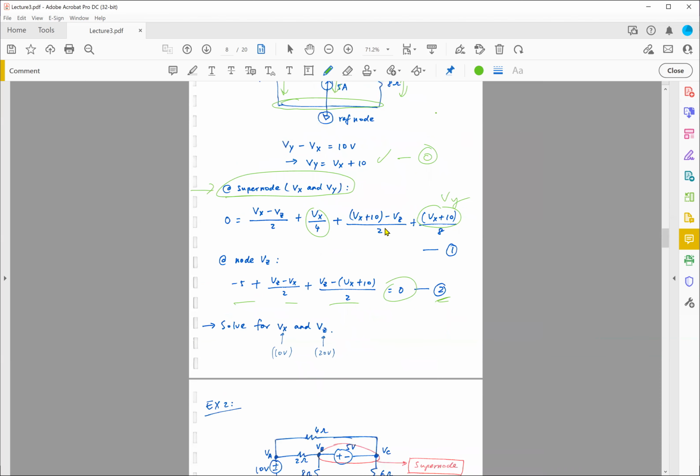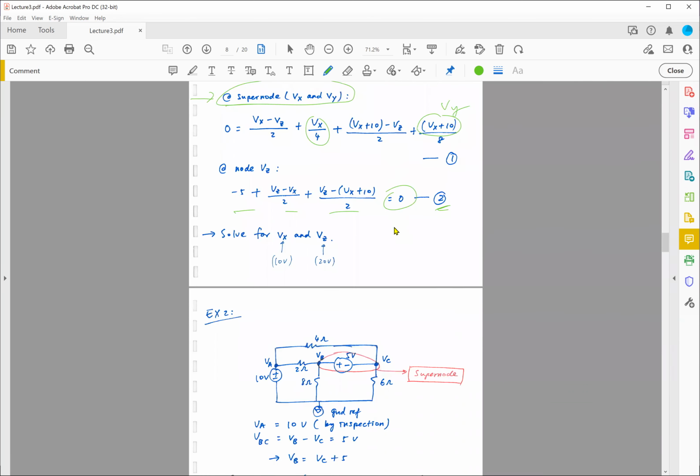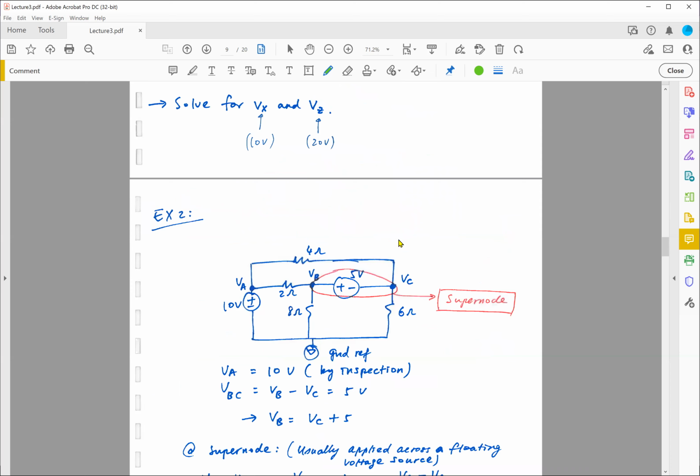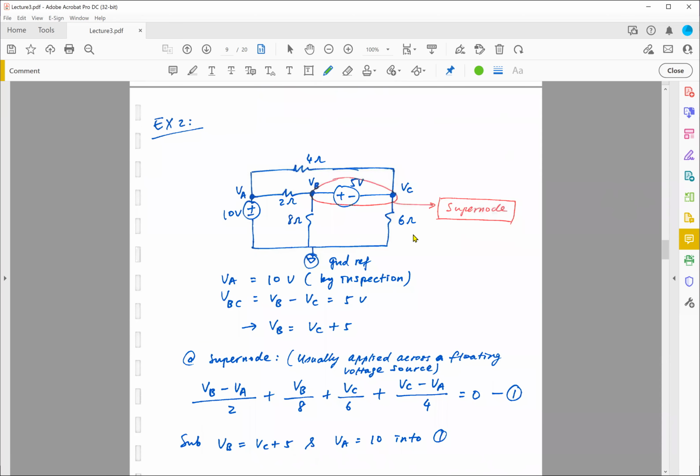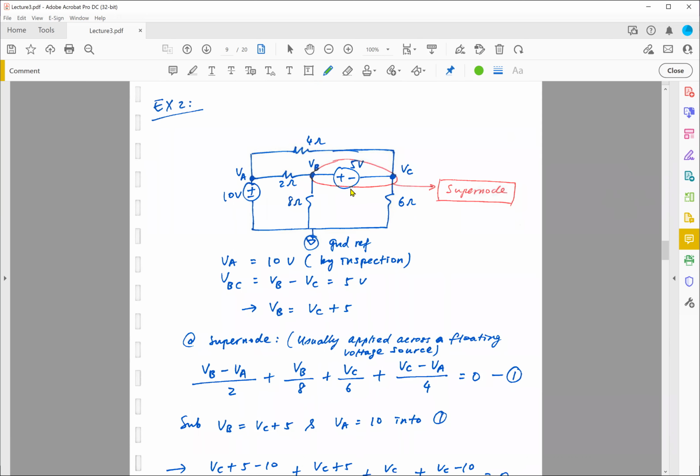Okay, so let's move on to the next example. Okay, so in this example, again, we're going to use a supernode.